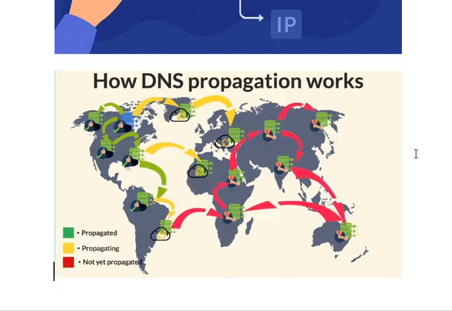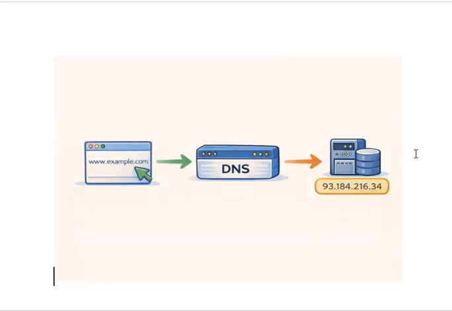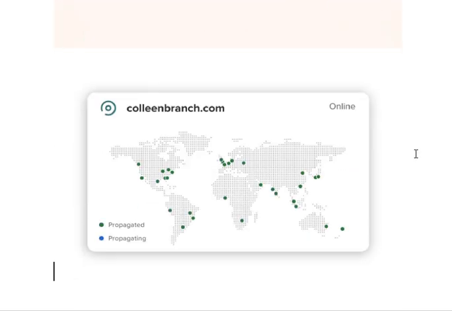All those little stacks are like servers. Yellow is propagating, green is propagated, and red is not yet propagated. So you've got the website, the domain name service, and the server with the IP address. That's the diagram concept.